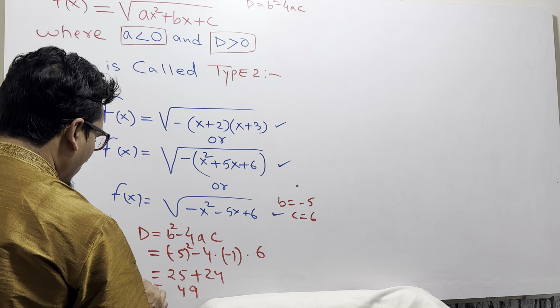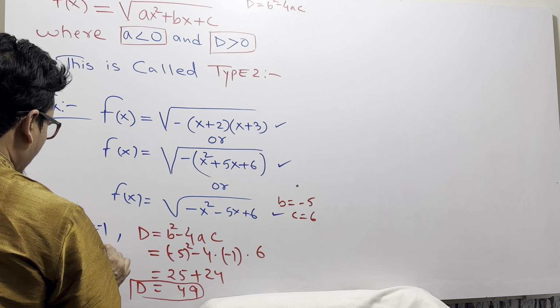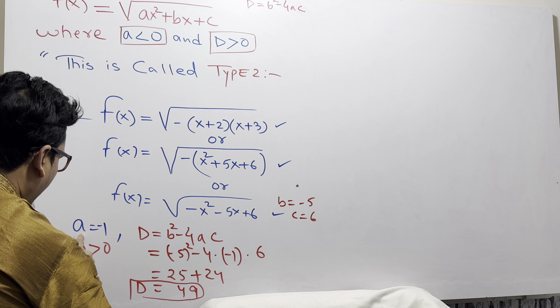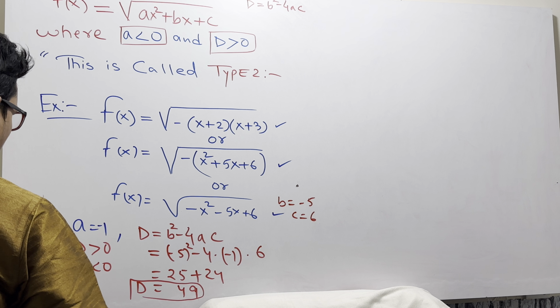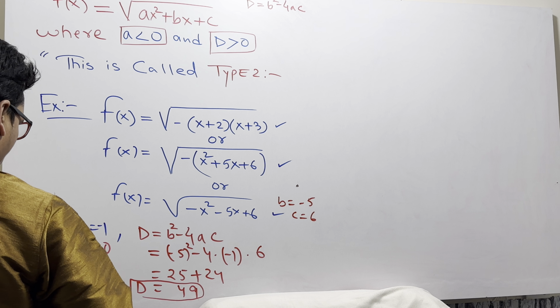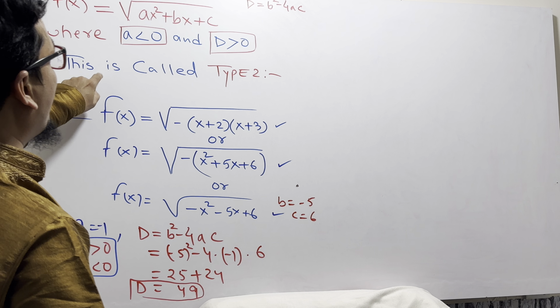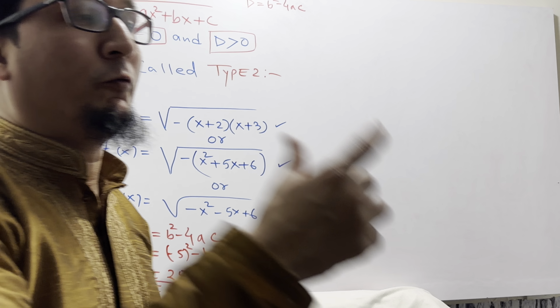You can say D is equal to 49, which means D is greater than 0. So you have two things here: D is greater than 0 and a is equal to minus 1, means a is less than 0. When you see this, we can say this is type 2. And guys, in type 2, how will you find the domain?